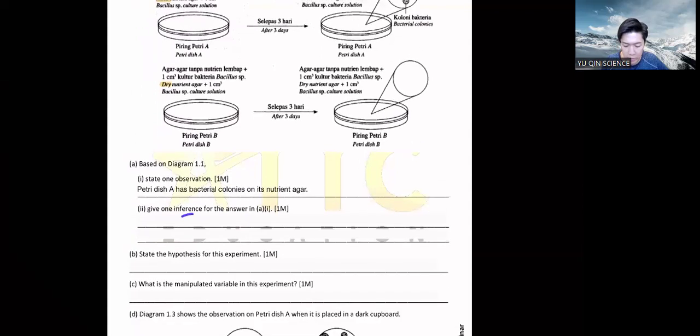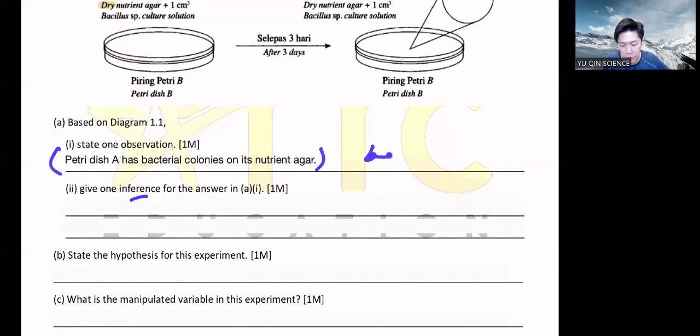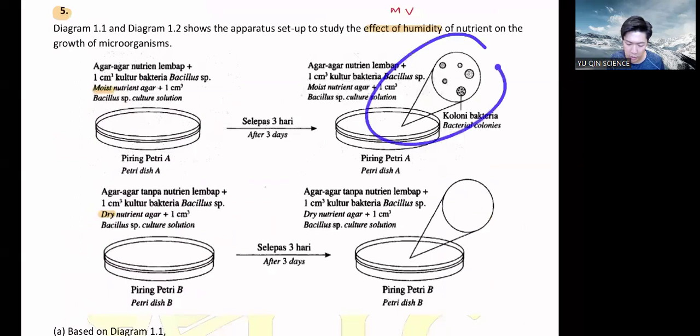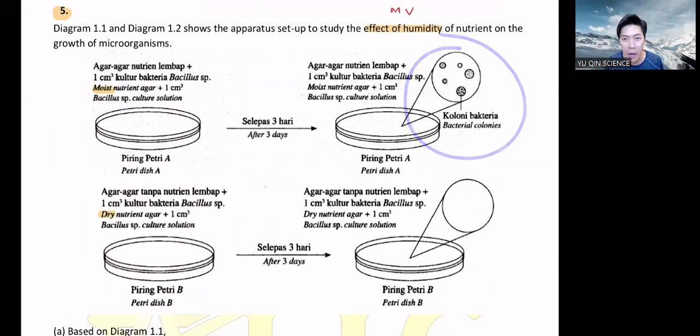Then your inference has to start with because. Okay, petri dish A has bacterial colonies. Because what? Because they like moisture. Because the moist nutrient agar supports the growth of bacteria, or you can say because bacteria like to grow in moist nutrient agar, or in moist condition.